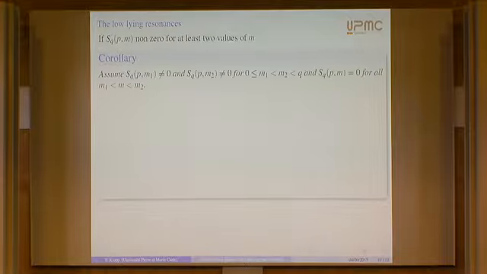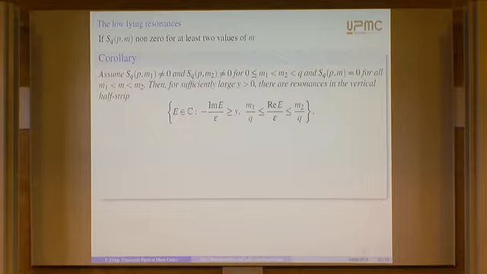And then we can show the following thing. Take m1 and m2 such that the coefficients are non-zero for m1 and m2, and they are 0 in between. Then you can show that for large imaginary part, you have resonances in this vertical strip, where the imaginary part is below minus y epsilon, y very large, and the real part is between m1 over q epsilon and m2 over q epsilon.